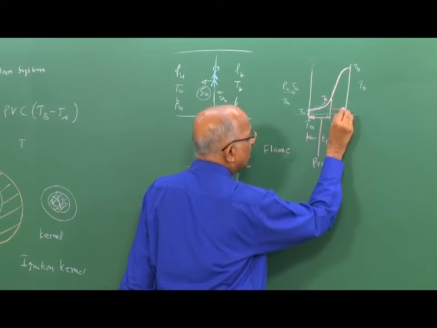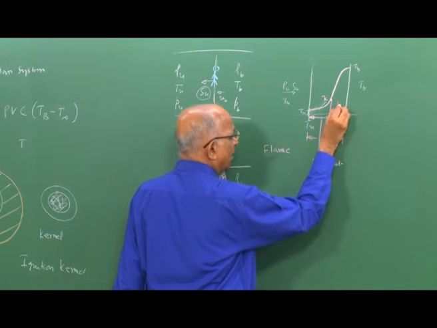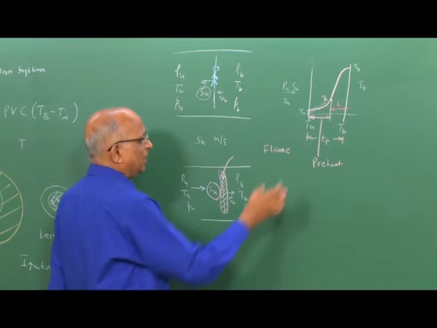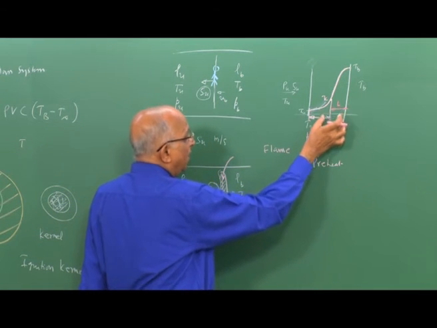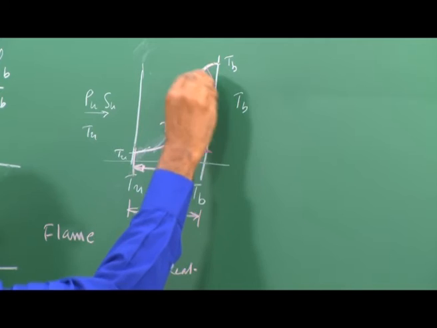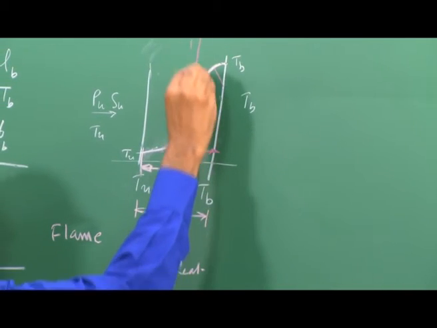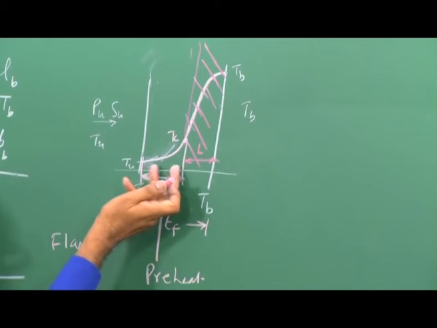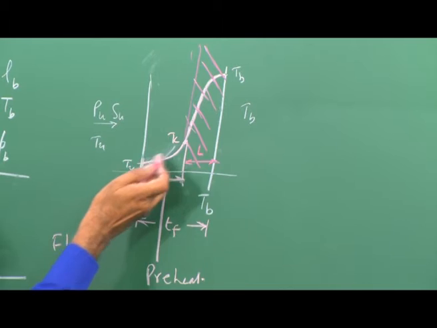This is my zone of fast chemical reactions, which I call L. The thickness of the flame is Tf, my zone of chemical reactions is L, and now can I write an equation for this particular phenomenon? This is the zone of active heat release, the zone in which heat gets released. This is the zone in which heat is getting received, such that the temperature goes from Tu to Tc.